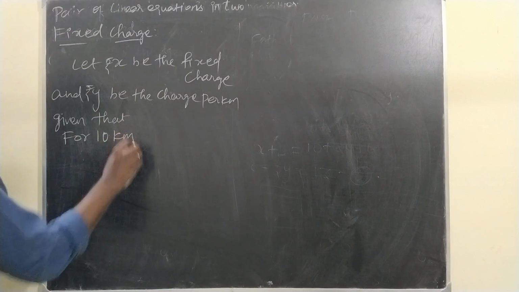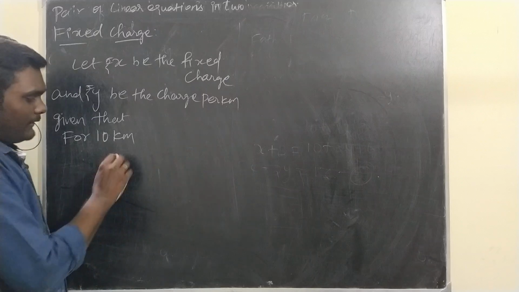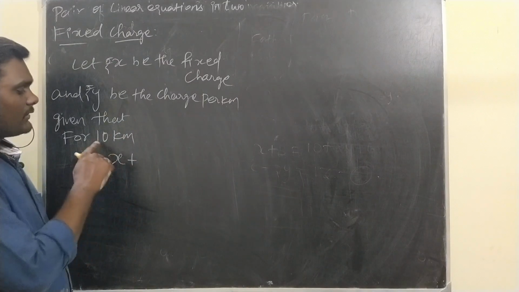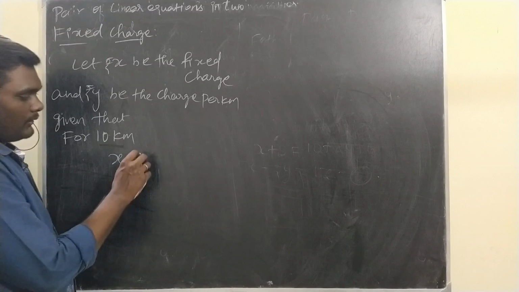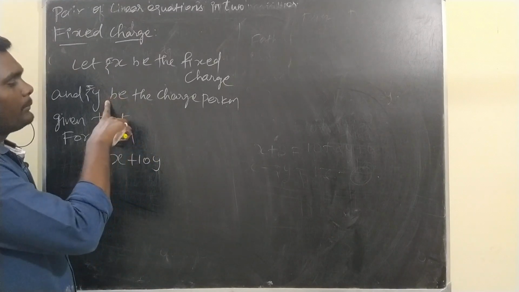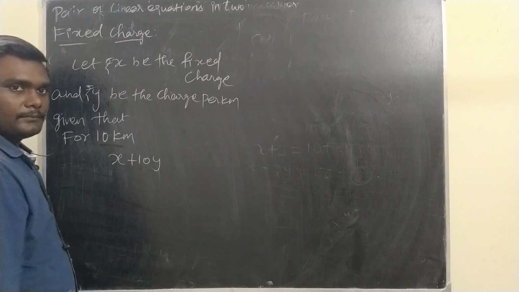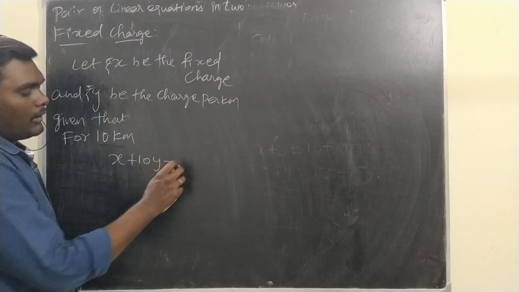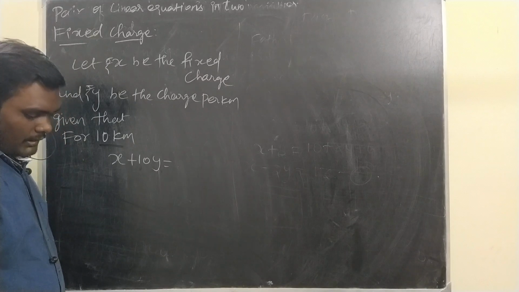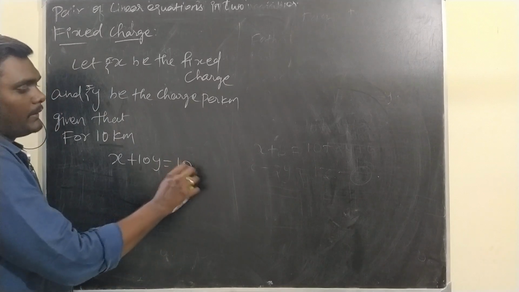You get on to the taxi, this amount you have to pay as fixed charge. How much distance you traveled? 10 kilometers. For 1 kilometer Y rupees, for 10 kilometers 10 into Y. How much he paid in total? Fixed charge plus this. Journey of 10 kilometers he paid 105 rupees.